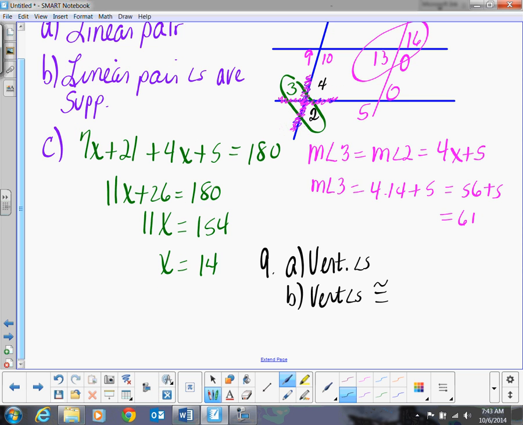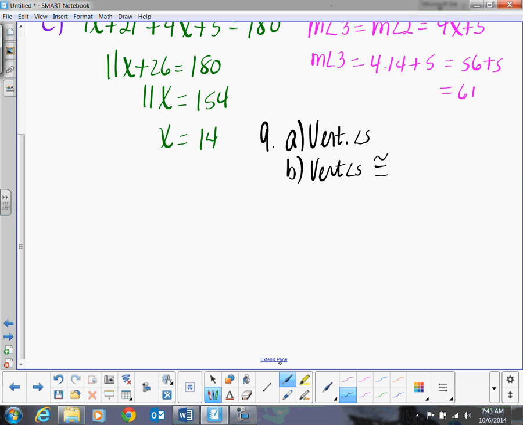Linear pair and vertical angles do not have parallel attached to them, okay? We had those before. So now what equation will you write if vertical angles are congruent? Correct. And then what are you going to do? Okay. So now we've got 5 equals 4x minus 47. Then what are you going to do?